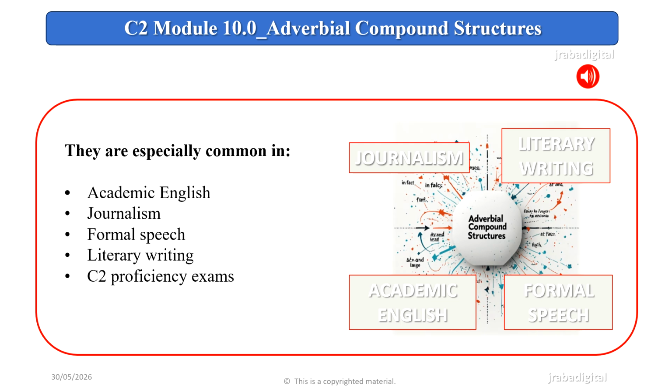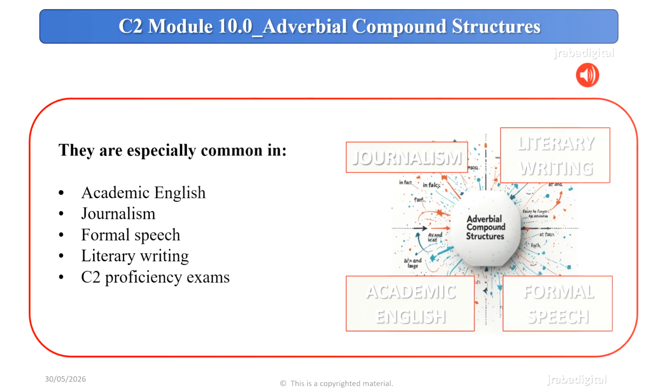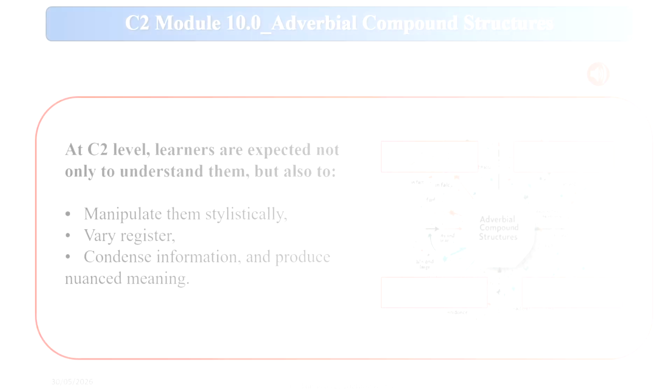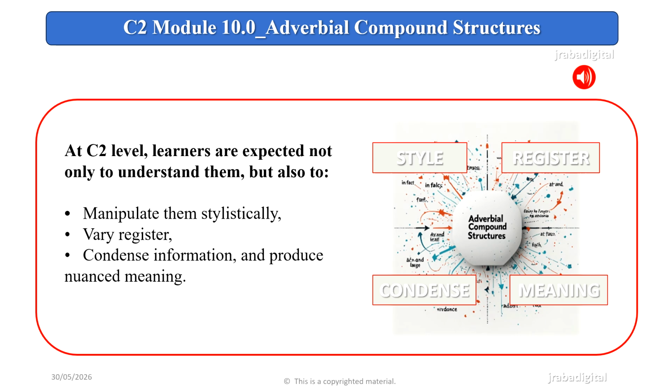They are especially common in academic English, journalism, formal speech, literary writing, and of course, C2 proficiency exams. At C2 level, learners are expected not only to understand them, but also to manipulate them stylistically, vary register, condense information, and produce nuanced meaning.